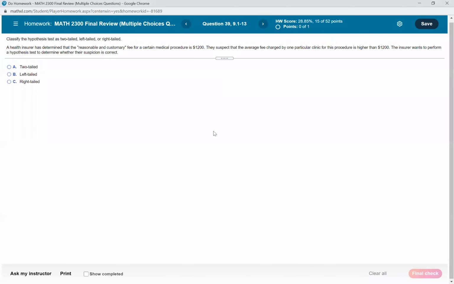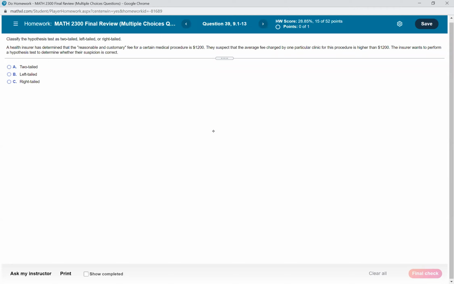Classify the hypothesis test as two-tailed, left-tailed, or right-tailed. A health insurer has determined that the reasonable and customary fee for a certain medical procedure is $1,200. They suspect that the average fee charged by one particular clinic for this procedure is higher than $1,200. So they want to perform a hypothesis test.